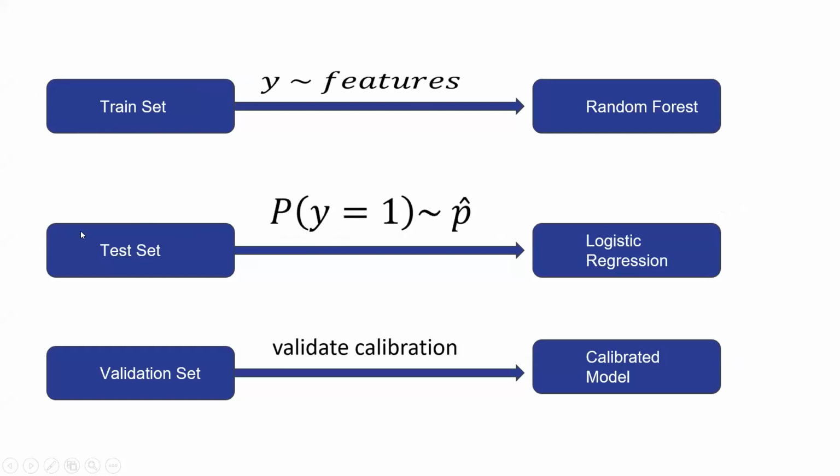Now you take the test data set, check the label you're looking for, label 1 or label 0, whatever the positive label is, predict the probabilistic value, and feed it into the logistic regression model, which is the calibration model I'm considering currently. Then you test this logistic regression or calibrated model on the validation set and check how it performs between your test result and the validated result.